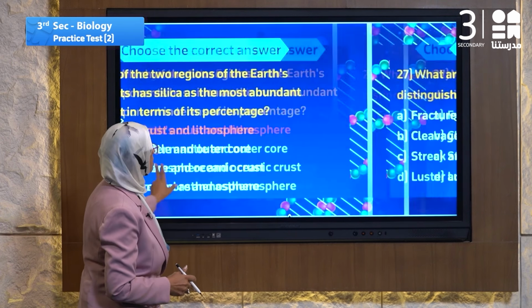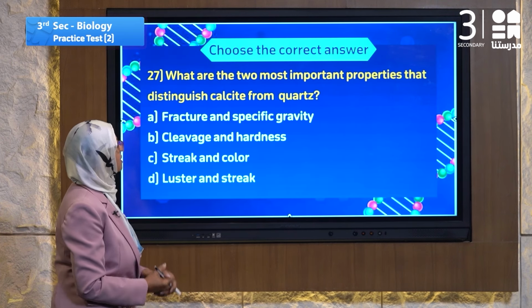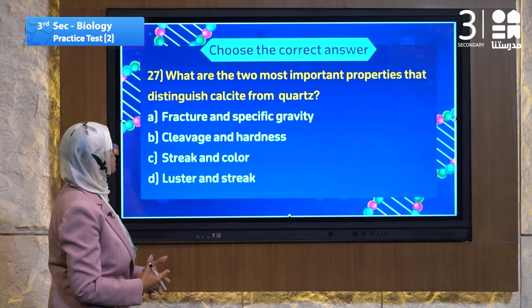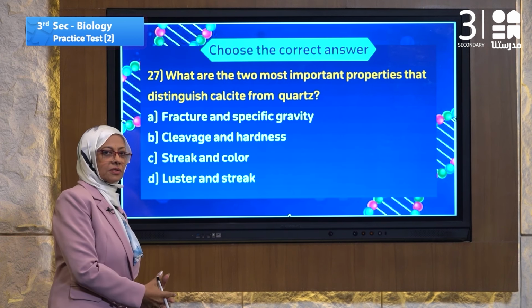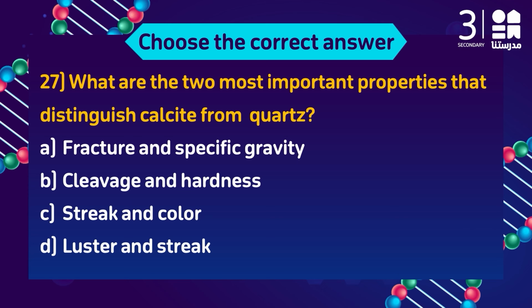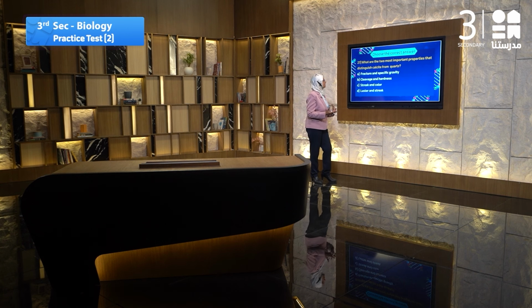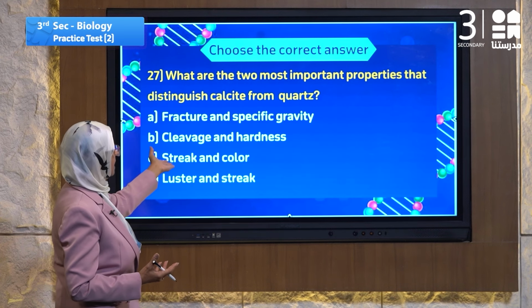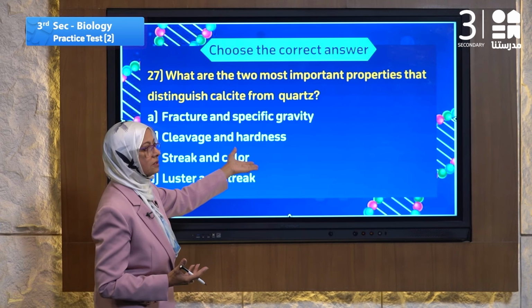Let's go to question number 27. It speaks about the importance of calcite and quartz. Let's read the question again. What are the two most important properties that distinguish calcite and quartz? They are different. The question is about how to compare calcite and quartz.